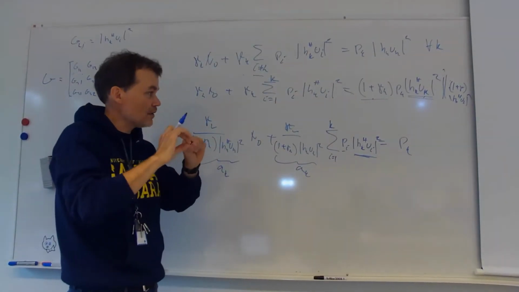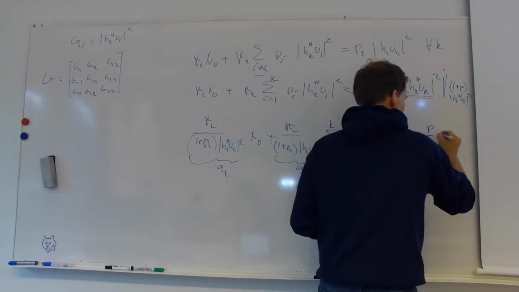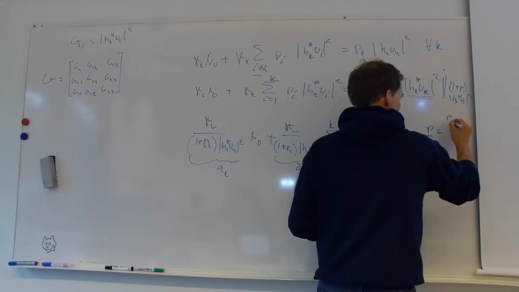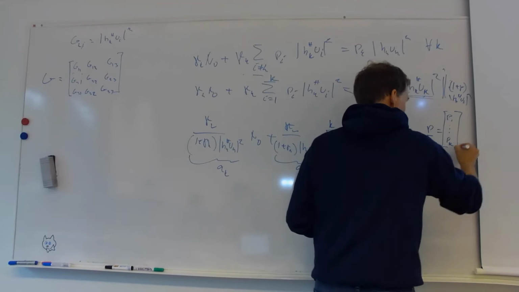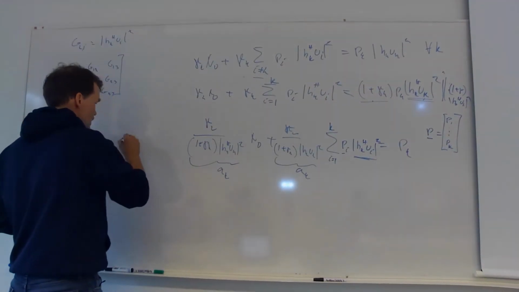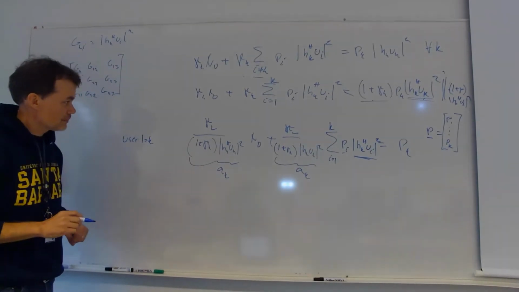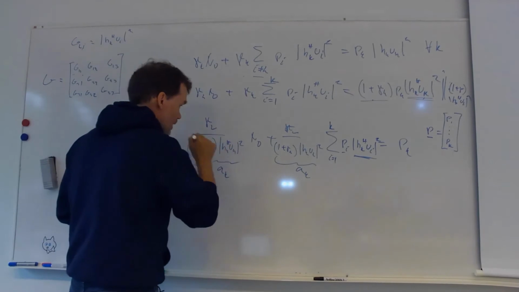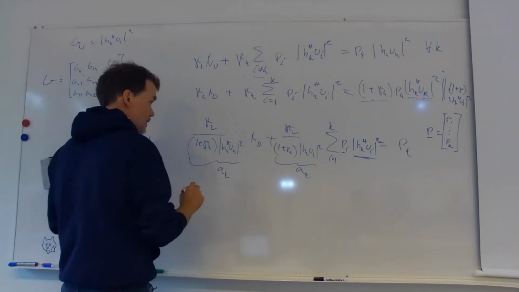If we want to gather all these power values into a vector, we call it the p vector. So let's consider that this is user 1, so k is 1.